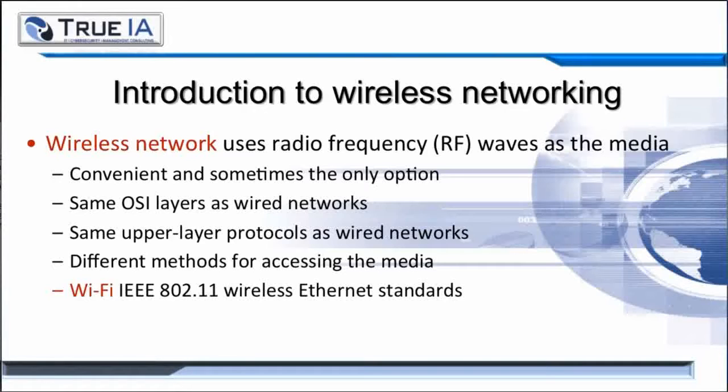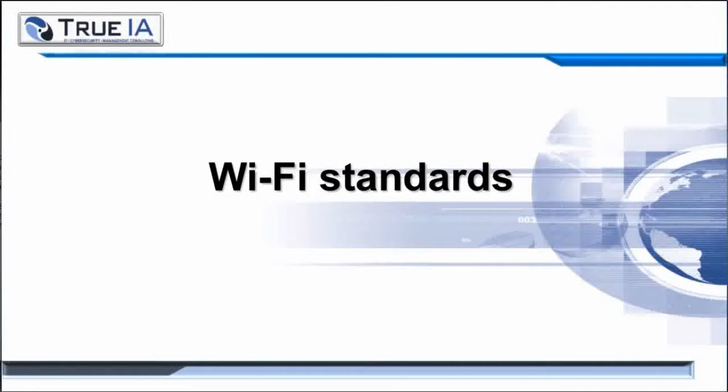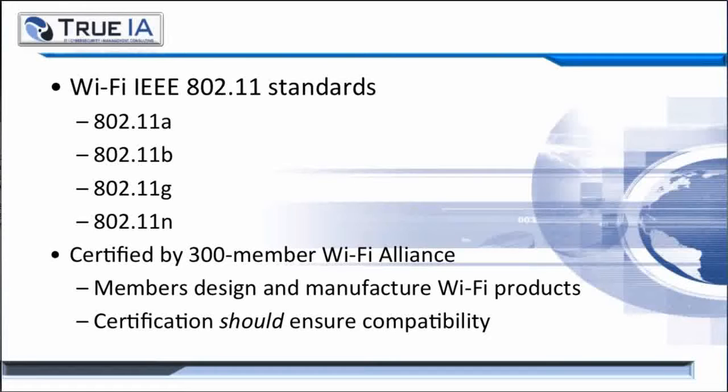All Wi-Fi is based on the IEEE 802.11 Wireless Ethernet standard. So let's talk a little bit about these standards. The Wi-Fi 802.11 standard is broken into substandards: 802.11a, .11b, .11g, and .11n.